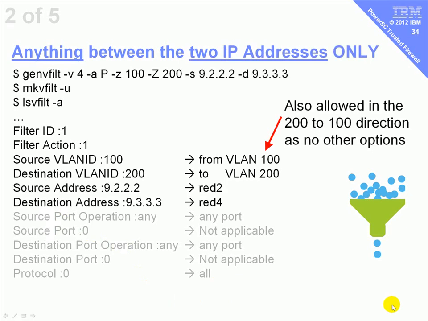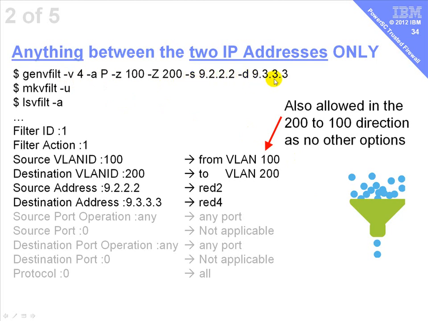Here's our second example, anything between two IP addresses only. This is actually starting to do some security. Other IP addresses will not be able to talk to each other over this firewall. The options to start with are all essentially the same, and we have a source and destination IP addresses.